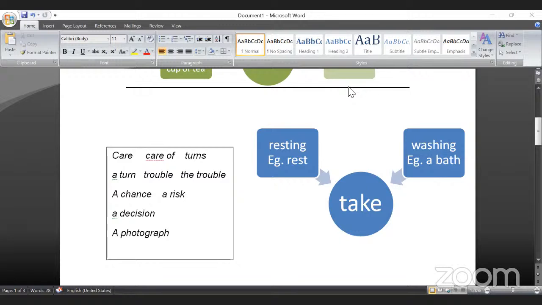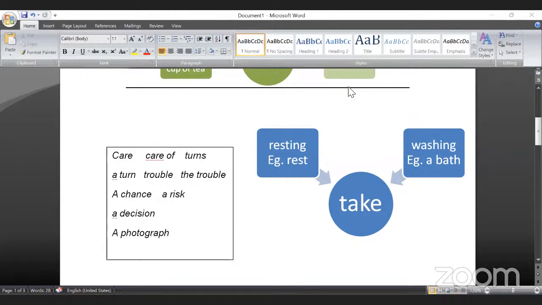So take care of, take turns, take a turn, the one that you are asking right now, take trouble, take a chance, take a risk, take a decision, take a photograph. All of this can appear with these nouns as well, but that combination would mostly belong to the verb noun combination.